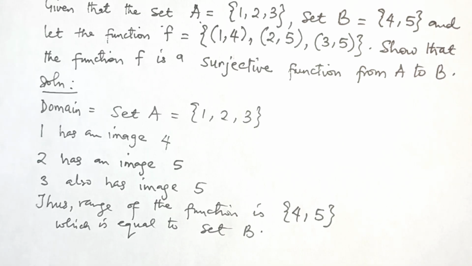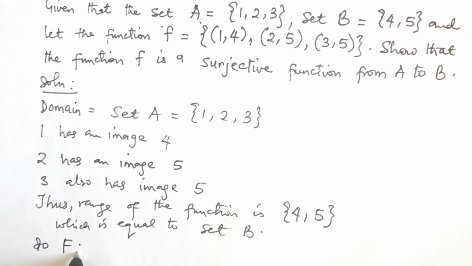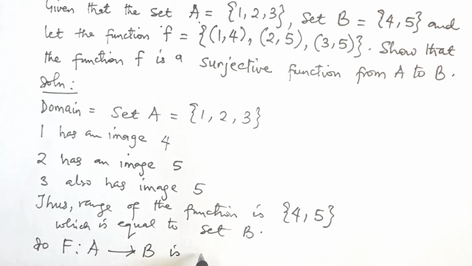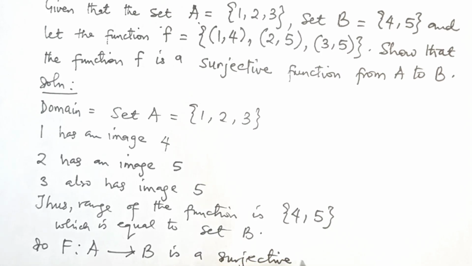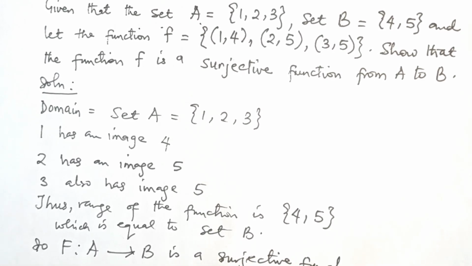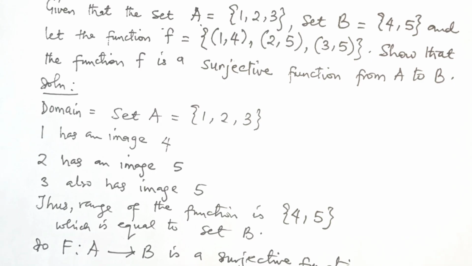That is, the range and the codomain are the same in a surjective function. So we conclude that the function f from A into B is a surjective function, or we say is an onto function.